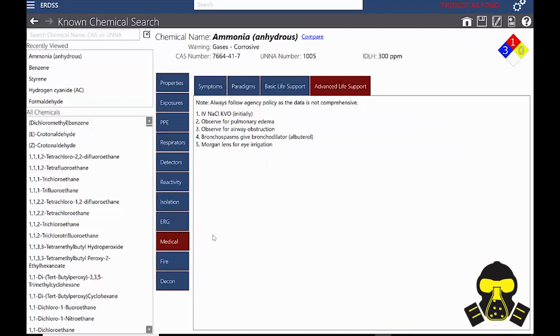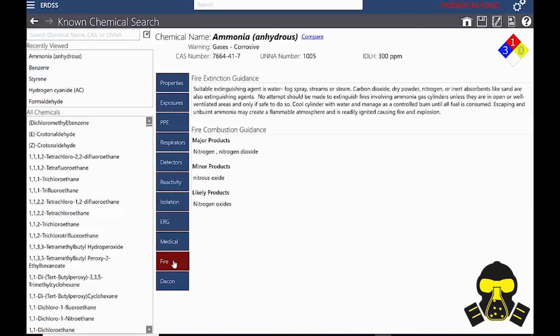We're in the midst of updating all of that as well with some of our other partners in crime, so that will be great. This is a new tool. This is the fire tool. You'll see this is a tab, and what it does is if you have a fire involving ammonia, now you know the fire extinguishing guidance: suitable extinguishing agent is water, as a fog spray, streams, or steam.